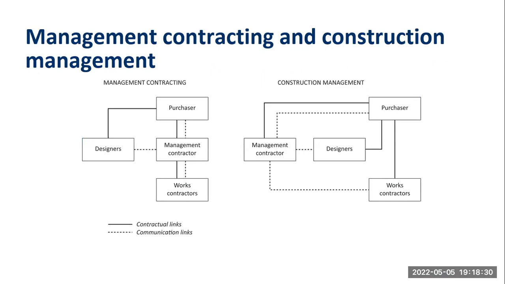Then you have management contracting and construction management. With management contracting, you are the purchaser, and then you have the designers, the management contractor, and then the works contractor. All these people come together and work on it. You always have to see yourself as the purchaser.